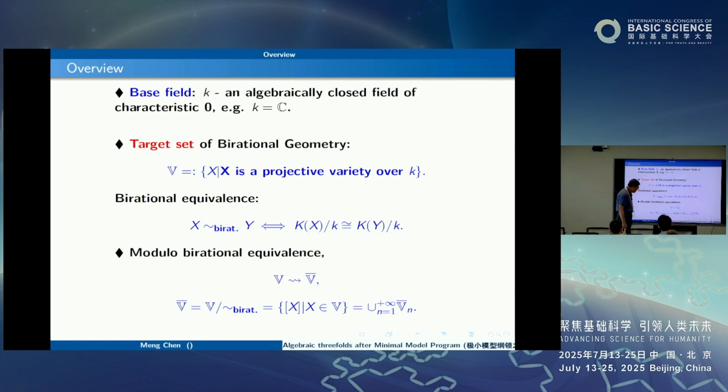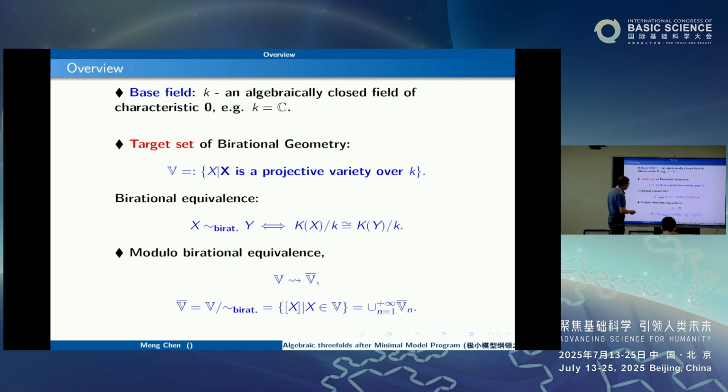V bar, of course, we can divide according to dimension. As Professor Mori explained, when n equals 1 and 2, the theory is very satisfactory, from the time of Riemann, and in dimension 2 due to the work of the Italian group.